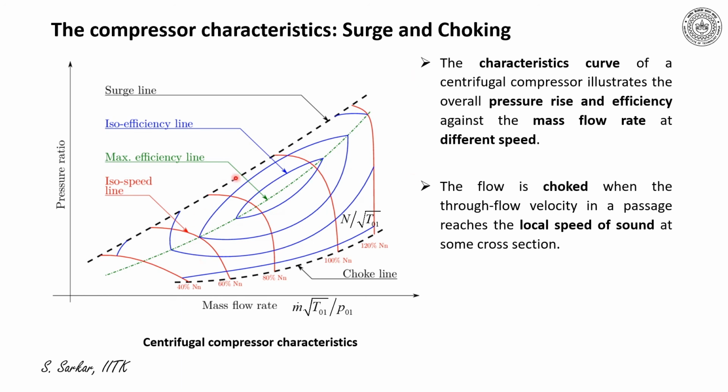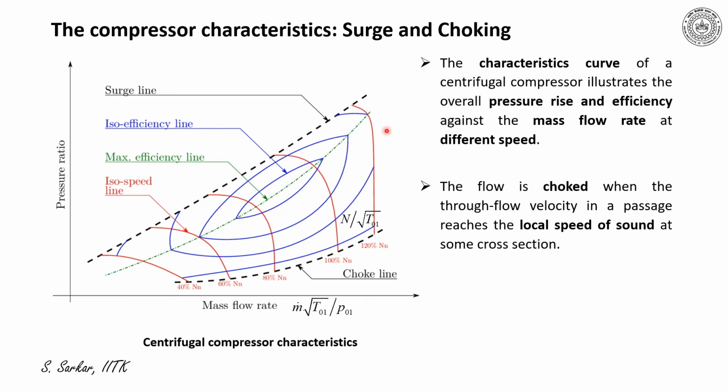So this is the zone where the compressor will work safely without choking or without being in the surge region. When it is in surge, as I have indicated earlier, the machine will be completely unstable and we should not operate the compressor in the surge region.